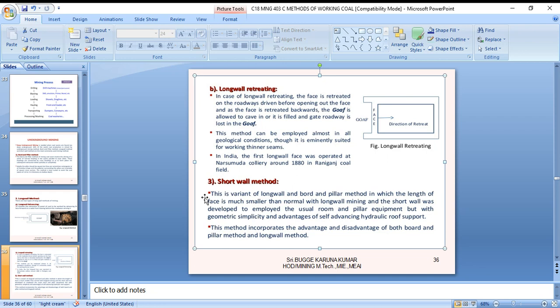In India, the first longwall was introduced in the Raniganj coalfield.